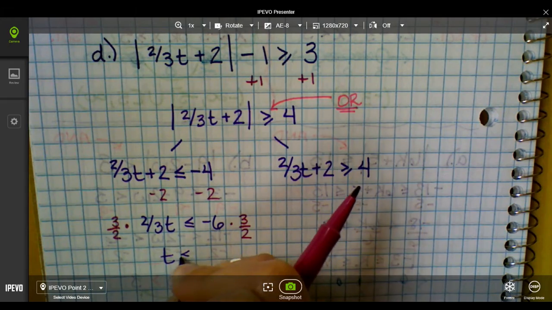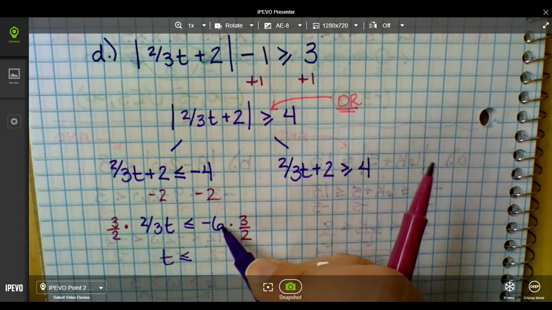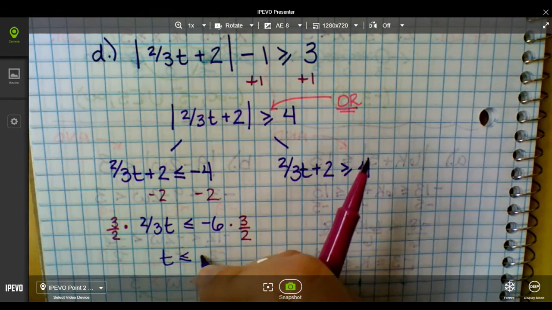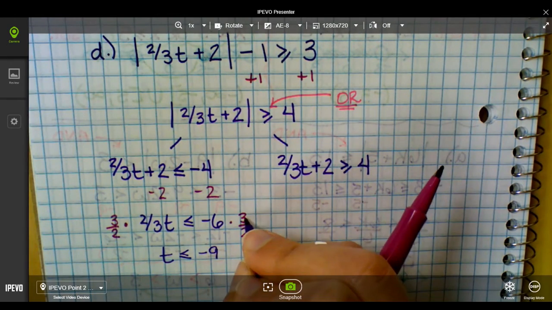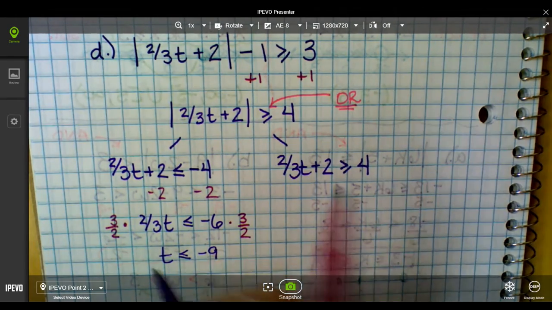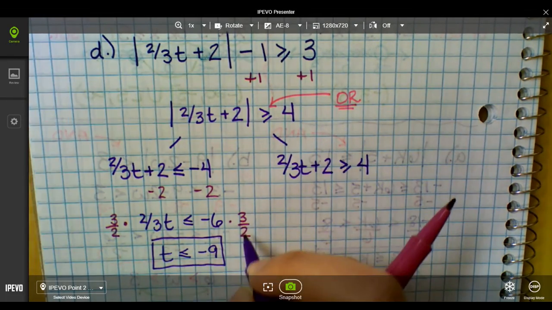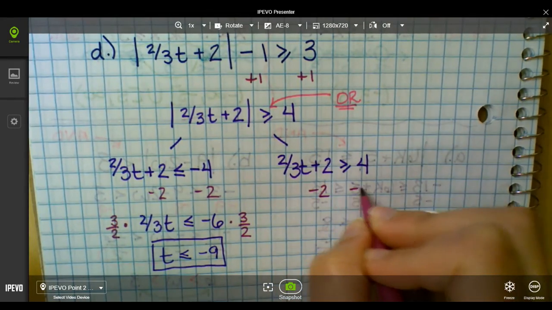So I'm going to have t is less than or equal to, and I always like using my trick: negative 6 divided by 2 is negative 3, times 3 is negative 9. You can also just multiply across. Negative 6 times 3 is negative 18, divided by 2 is negative 9 still. And again, it doesn't matter if my answer is negative. I didn't multiply by a negative, so my inequality still is true.